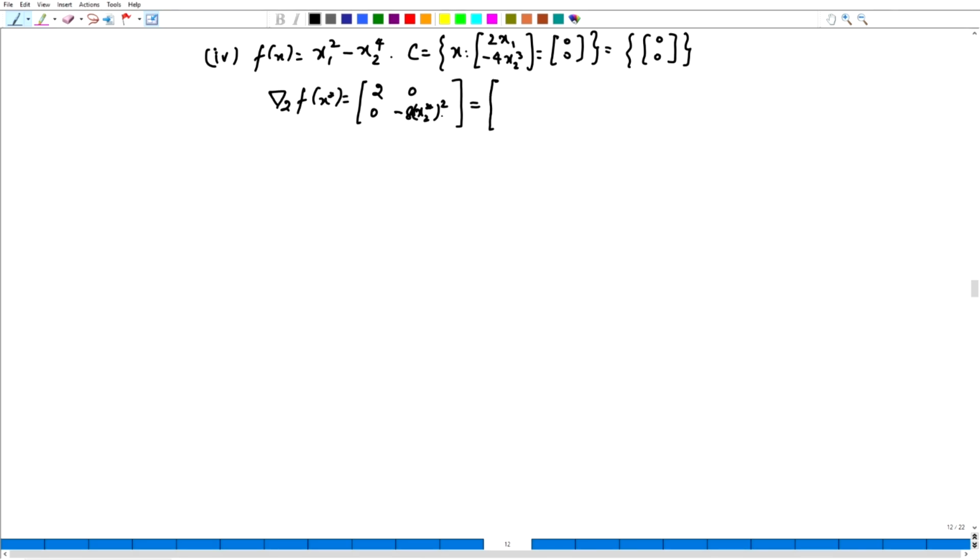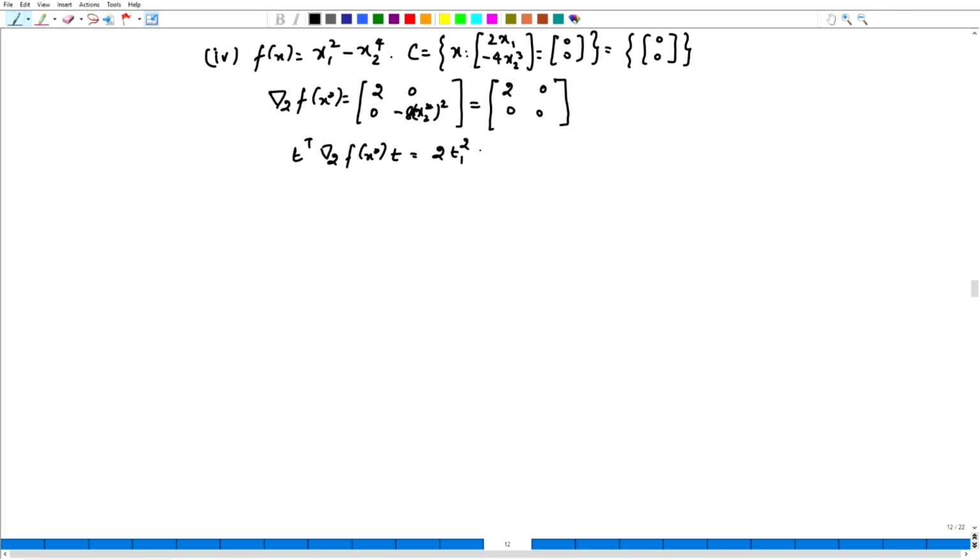This is equal to [[2, 0], [0, 0]], because x1 star and x2 star are both 0. So when you find t transpose del 2 f of x star t, you get 2 t1 squared.